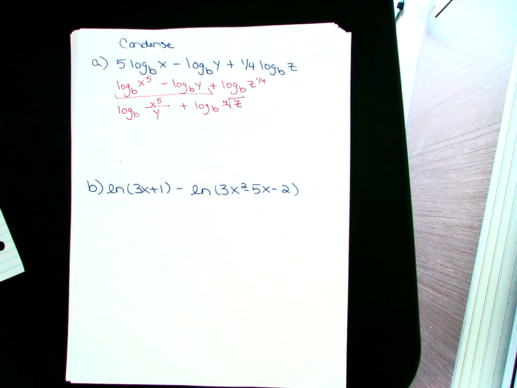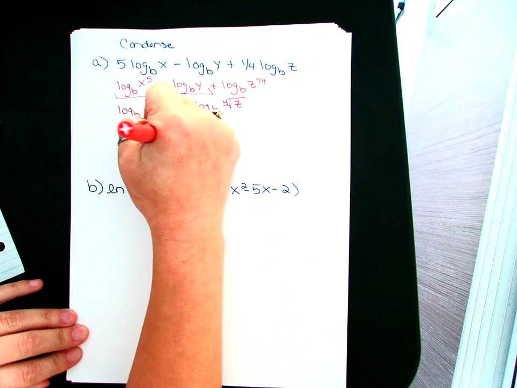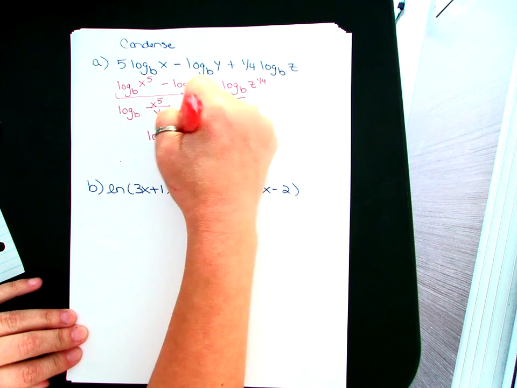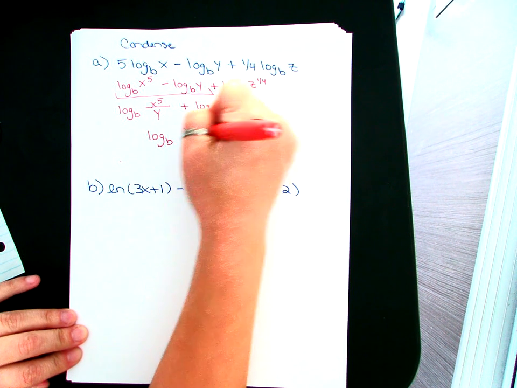Okay, now what do I do? Combine the two that are being added. With what? Yeah. This is our product rule, so we're going to multiply, giving me log base b of x to the 5th, the 4th root of z, all over y.